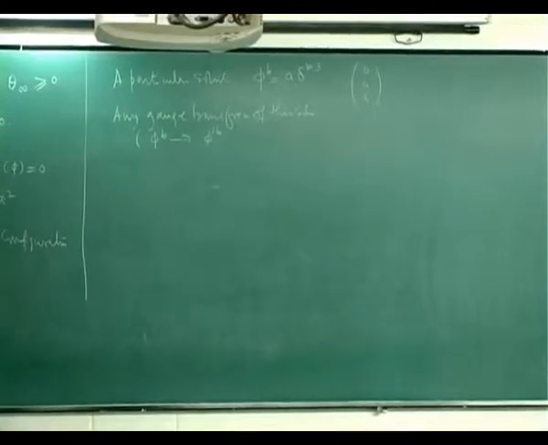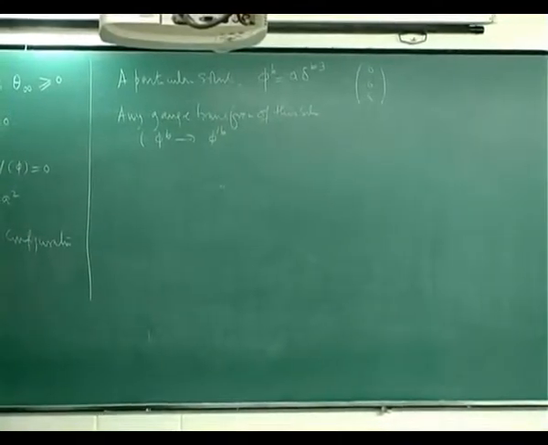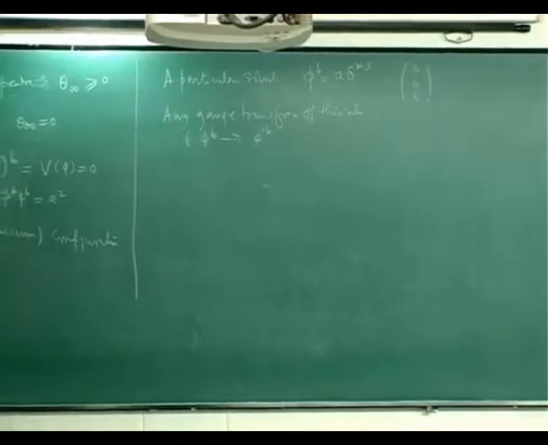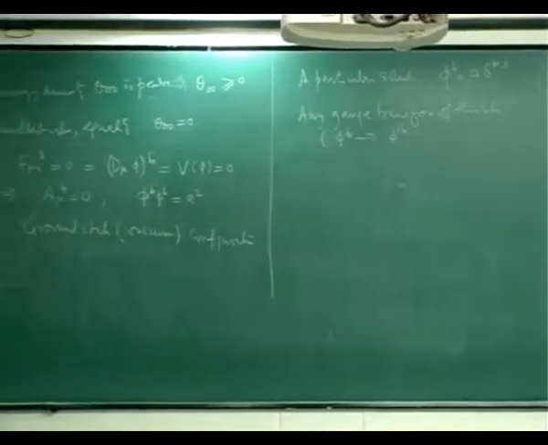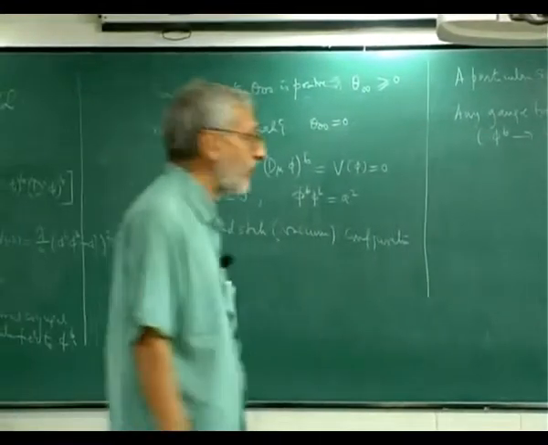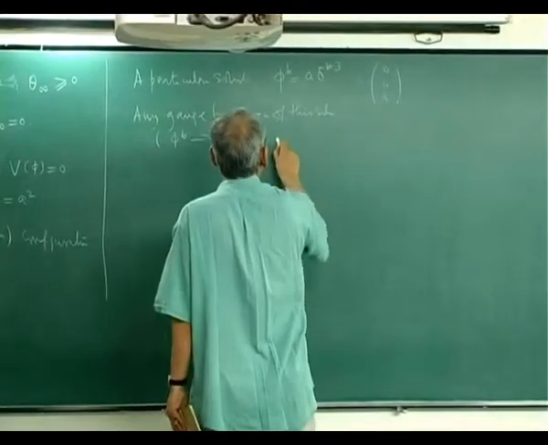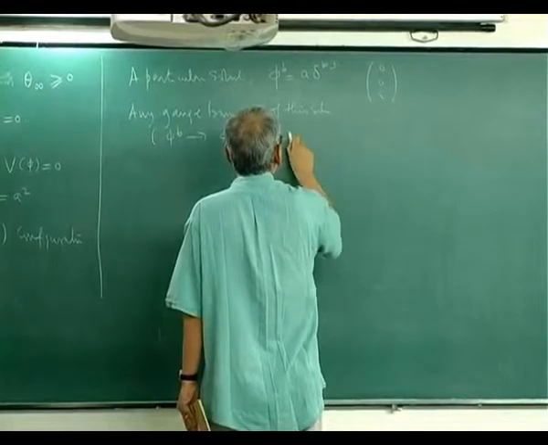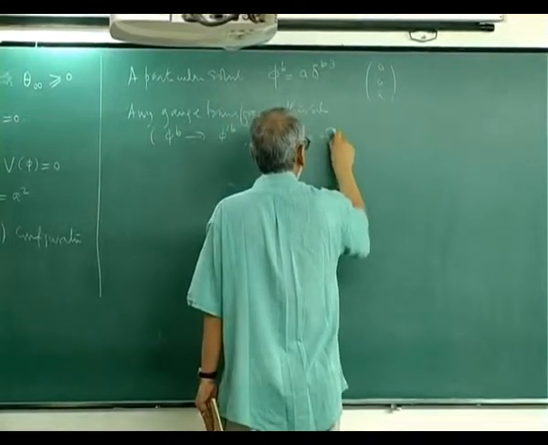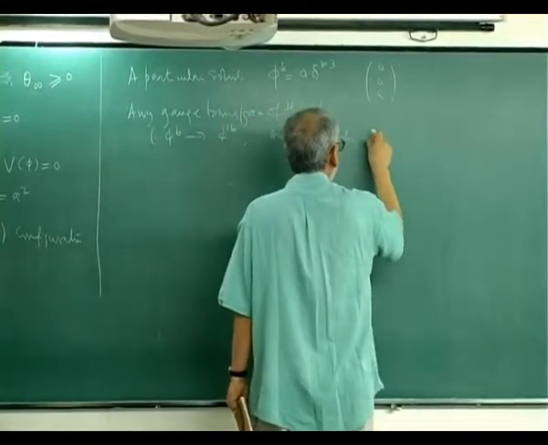A gauge transformation is an adjoint representation of phi. This will transform like an adjoint representation. An adjoint representation would simply be an ordinary rotation in the internal space.